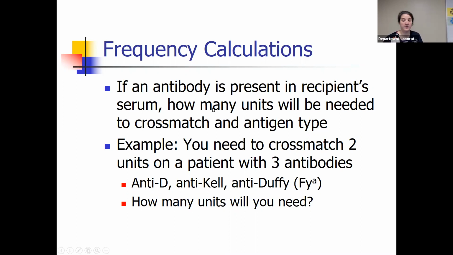So here's an example. You need to crossmatch 2 units on a patient with 3 antibodies. The rarity of the antibody plays a role, and so does the number of antibodies. The more antibodies the patient has, the harder it is to find compatible blood for them. So your patient has anti-D, anti-Kel, and anti-Duffy A. How many units do you need to crossmatch?